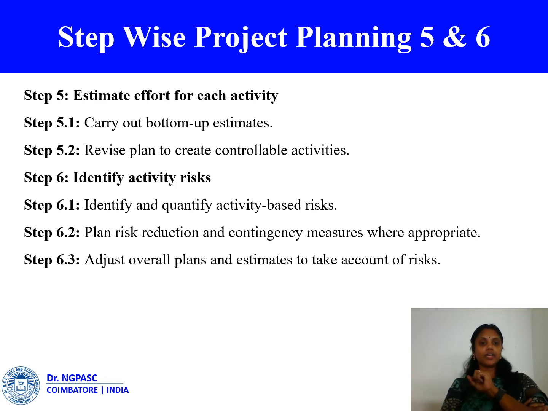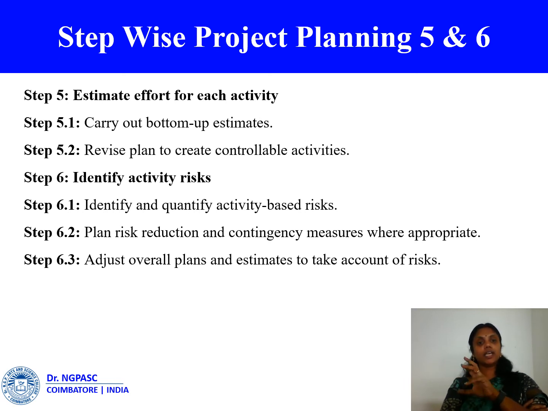Steps 5 and 6 are given together. Step 5 is to estimate effort for each activity, because objectives and everything are finalized now. So we have to fix the timeline, we have to fix the activity, and an estimation should be made. That's very important. Without making any estimation before starting any task, it cannot proceed, and it cannot end on a smooth timeline.